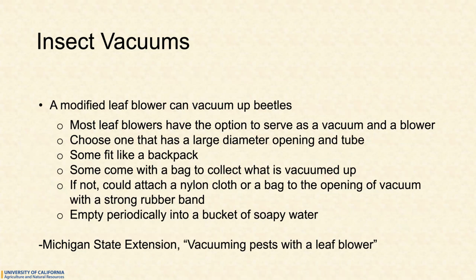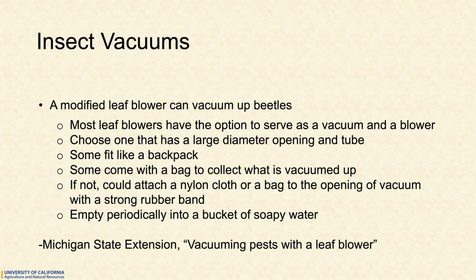So I took a bit more of a deeper dive into this, and there's a really nice short blog post from Michigan State Extension called Vacuuming Pests with a Leaf Blower. And so you can modify a leaf blower to vacuum up beetles. Most leaf blowers actually have that option to serve as a vacuum and a blower. You might want to choose one that has a larger diameter opening and tube.